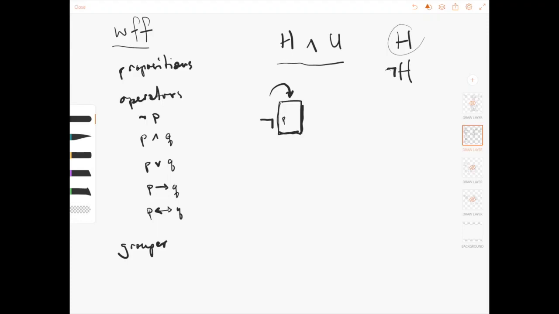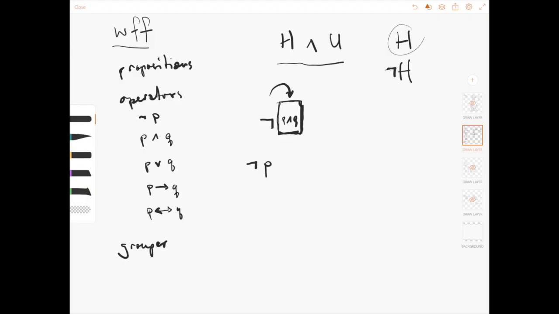I mean, like the variable P is atomic because it has no other structure, or it can be molecular like P and Q. The point is, everything in this box is the scope of the not operator, and so as long as it's clear that the not is applying to a proposition that goes in its box, then it's being used correctly. So this is a well-formed formula.